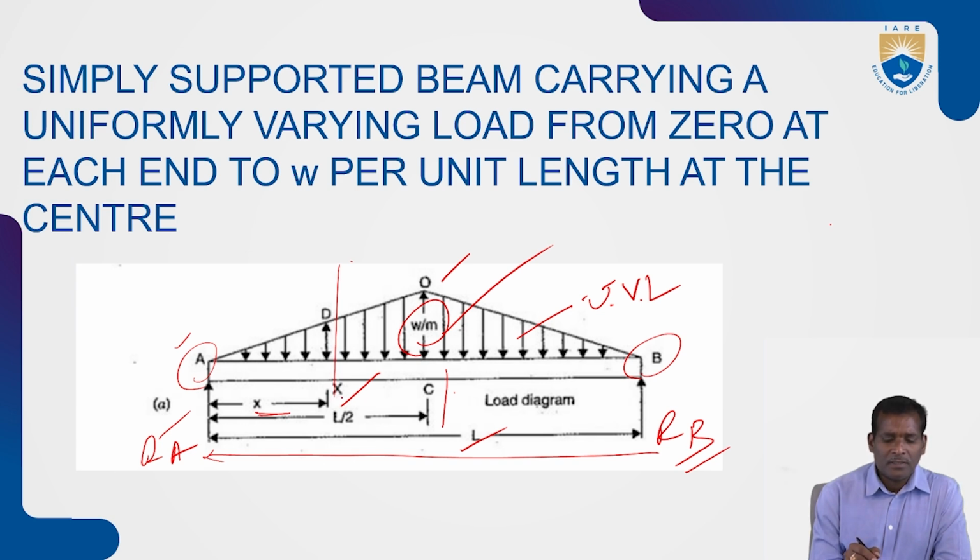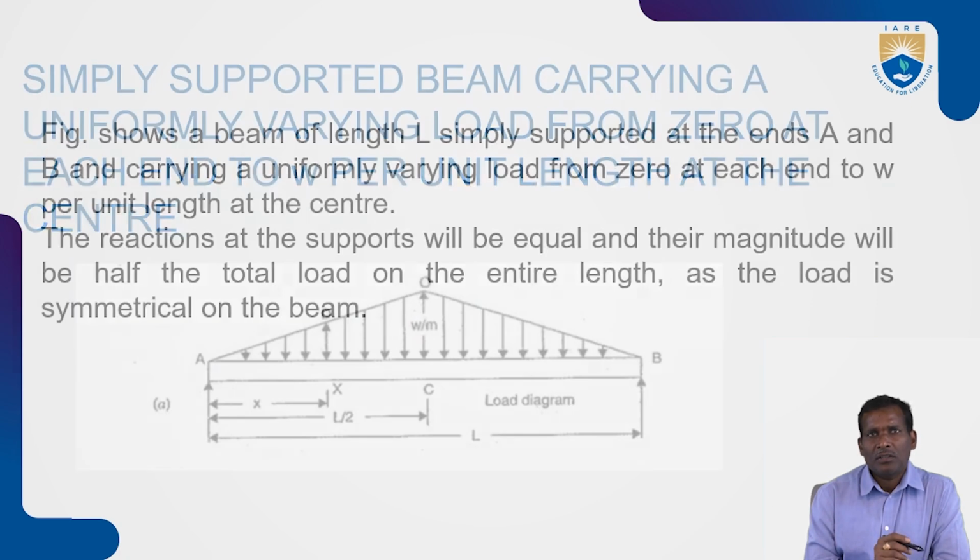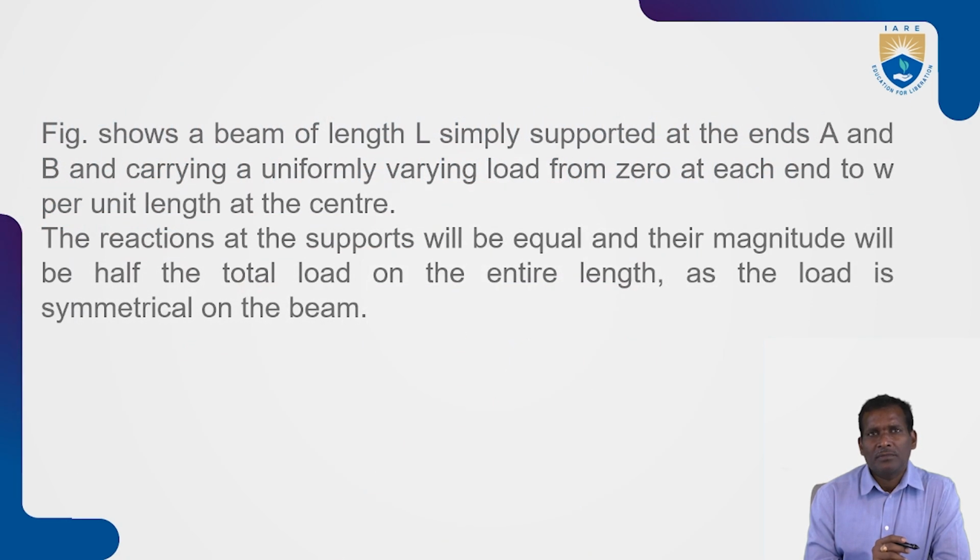At section X, the point is noted as D. So the triangle is AXD, and we need to calculate the area of AXD.